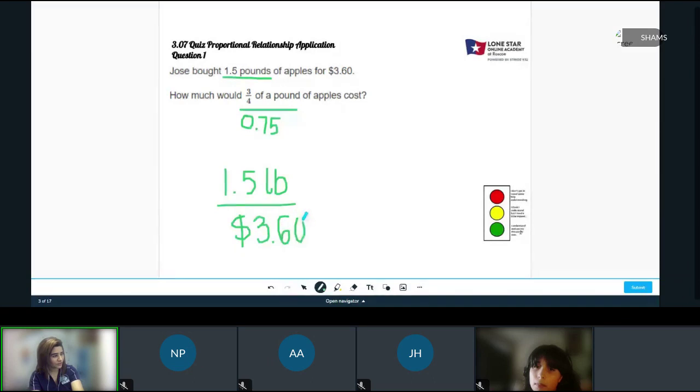This is what is given to you over here in the opening sentence. Then if you want to find the cost of 3/4 pound, and 3/4 pound is also 0.75 pounds, then you can figure it out.